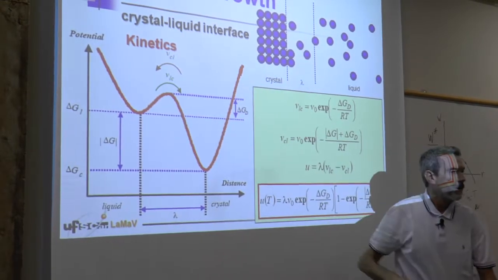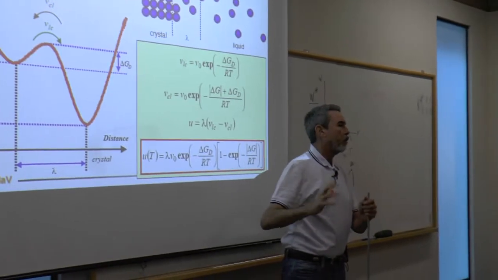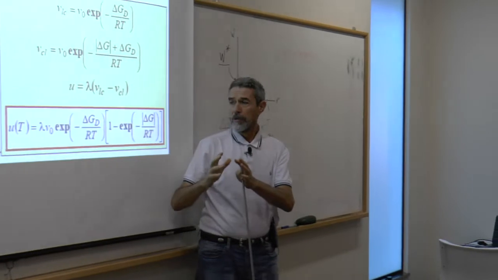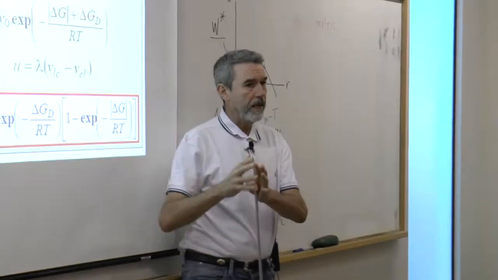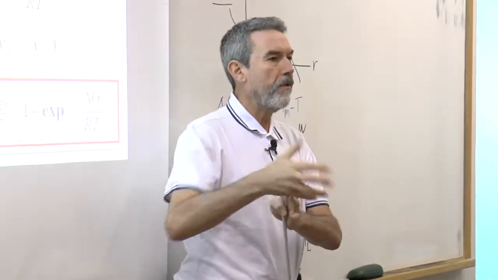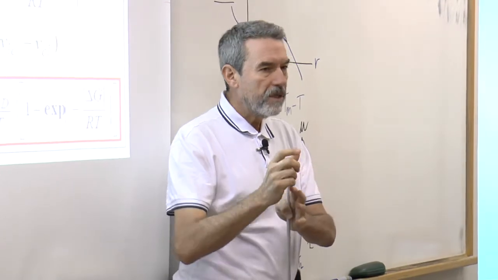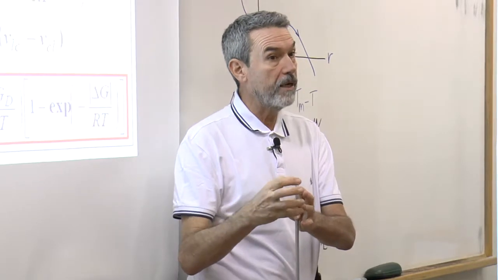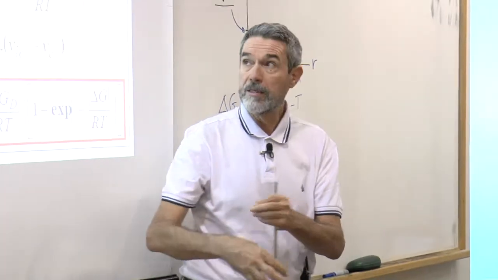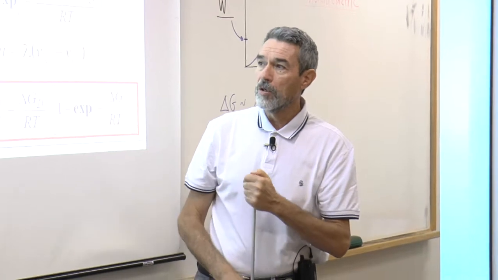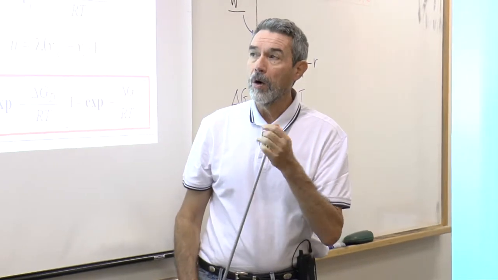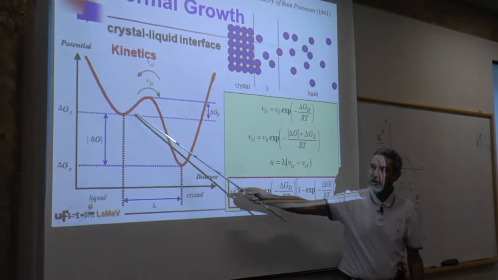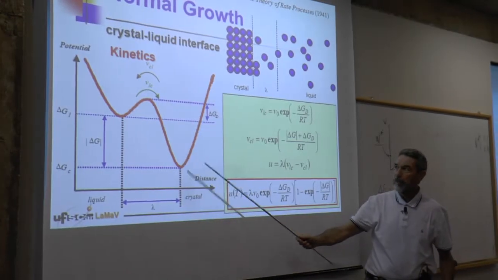Even if they're already at the crystal-liquid interface, they have to rearrange themselves. So there is an activation energy to move, to break their bonds in the liquid and attach to the crystal. This is the delta GD. So there is a probability of coming from this position to this position.